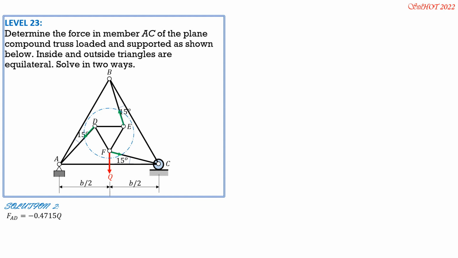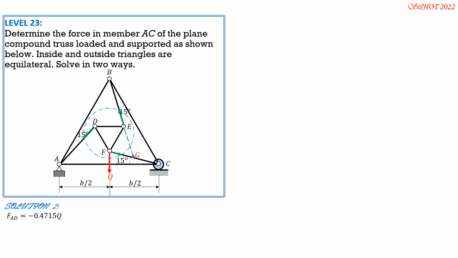So that we can solve FAD, we must find the point of intersection between FCF and FBE so that there's only one unknown left. We will call that point of intersection between CF and BE point G. So that if we set moment about G to zero, these two unknowns are not involved, we can solve FAD.